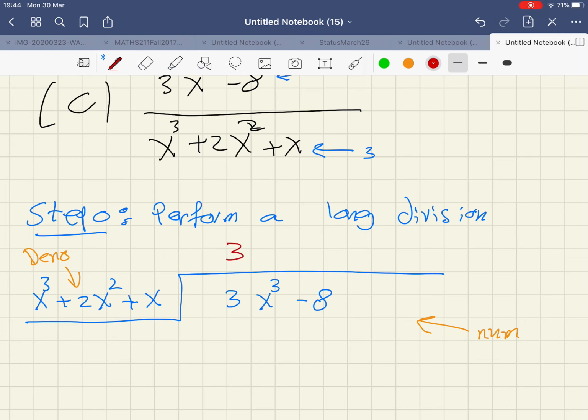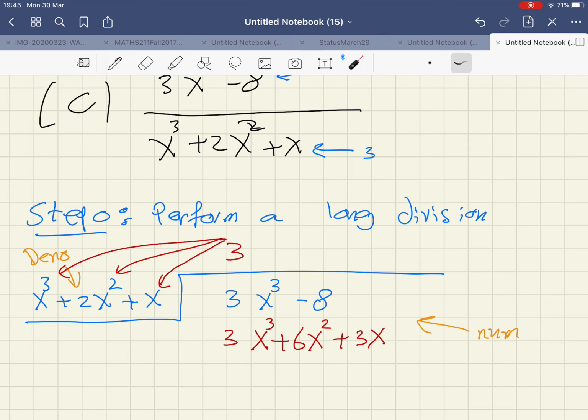The next step is to multiply 3 by everything here. So you will get 3x cubed plus 6x squared plus 3x. And the next step, you need to change the sign here. If it's positive, make it negative. If it's negative, make it positive.